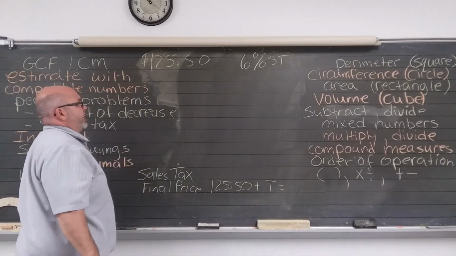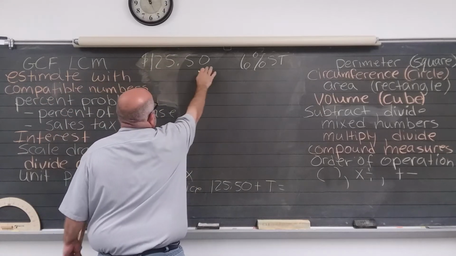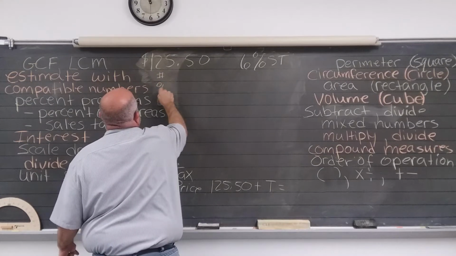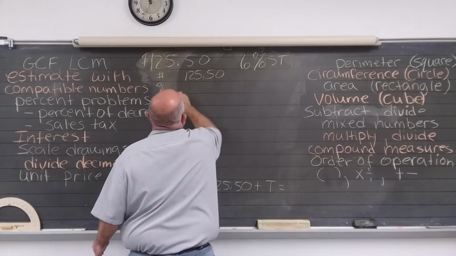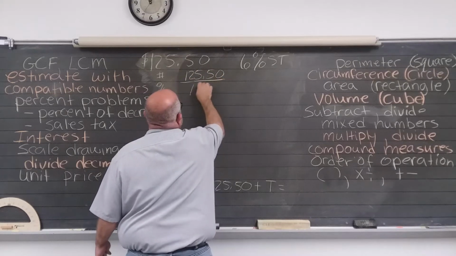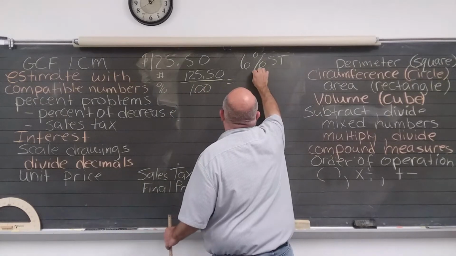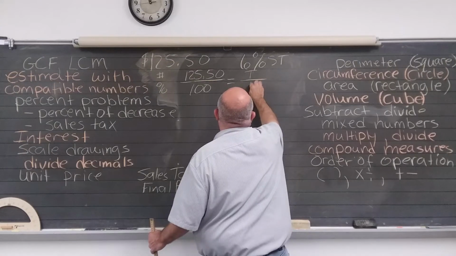So this is the same as the one we just did before. This is 100%, so it's going to be number over percent again. 125.50 over 100% equals tax, that's going to be your tax amount, over 6%.